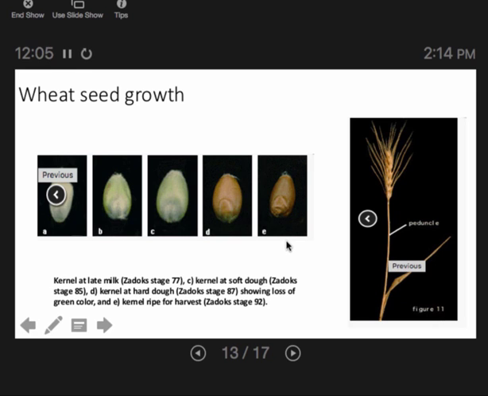Now, if they get a lot of rain during this period, sometimes that's not a good thing. And if they have heat waves, that's not a good thing either, because the flag leaf may die, and that's where all the photosynthesis occurs, which has an impact on the yield, or how many kernels are grown in the crop.